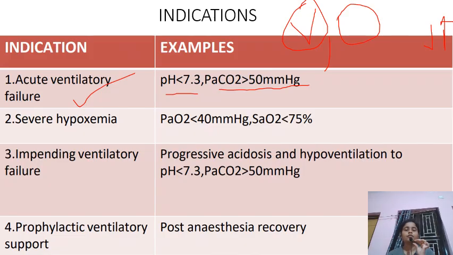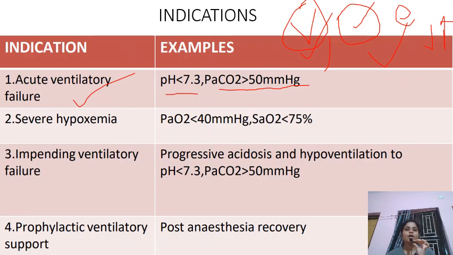The ventilatory failure mainly depends upon the expiration part, whereas the oxygenation mainly depends upon the inspiratory part. What we are inhaling, how much oxygen we are taking, that is the oxygenation. Ventilation means the expiratory part, how much we are expiring, how much CO2 we are eliminating. So in acute ventilatory failure, the pH will decrease and there will be CO2 retention.